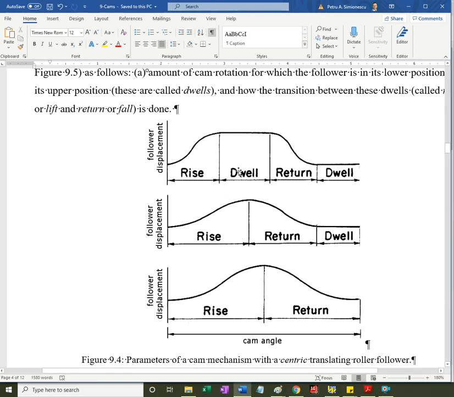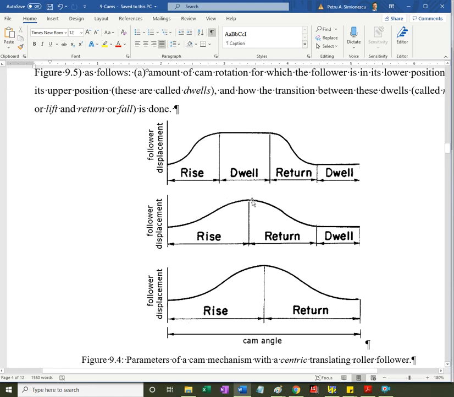Usually you define, in terms of cam rotation angle, how long the upper dwell of the cam should be, how long the lower dwell will be, and then how you distribute the rise and the return, and how you program the motion of the follower between the two.